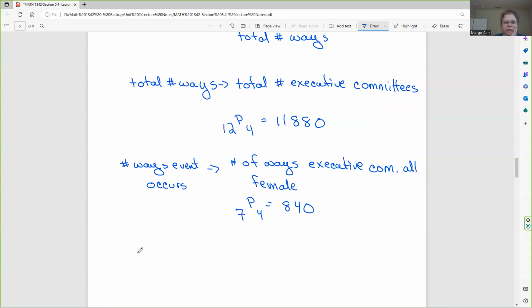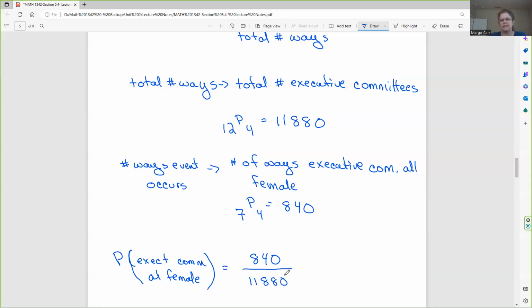So the probability executive committee all female is going to be that 840 divided by the 11,880.